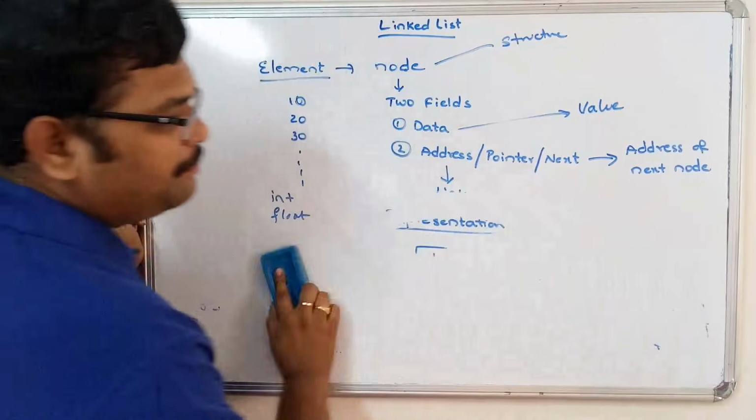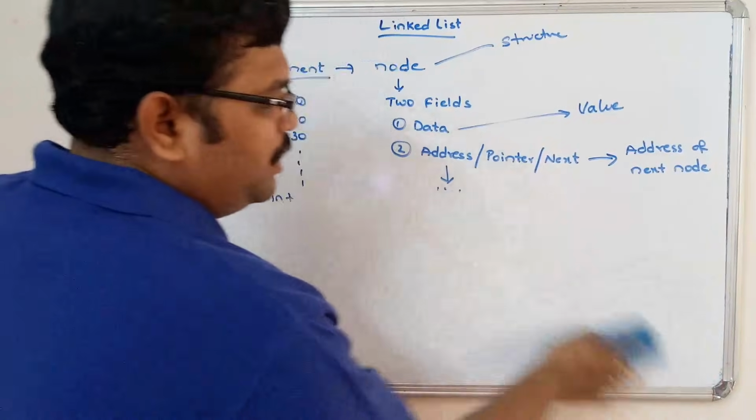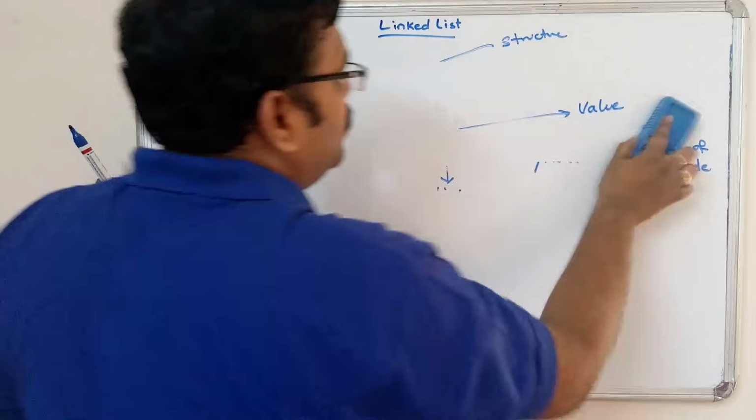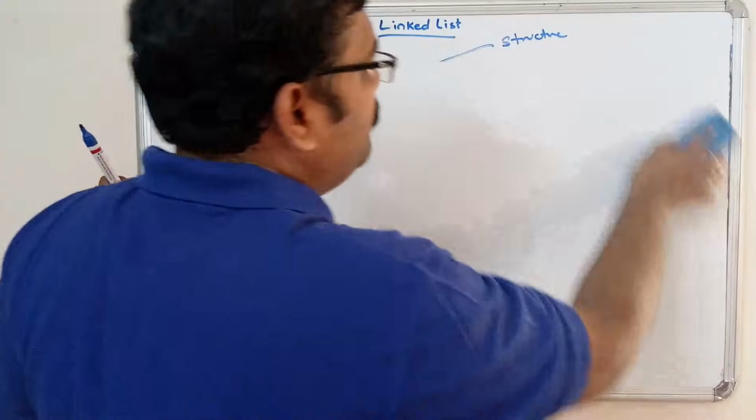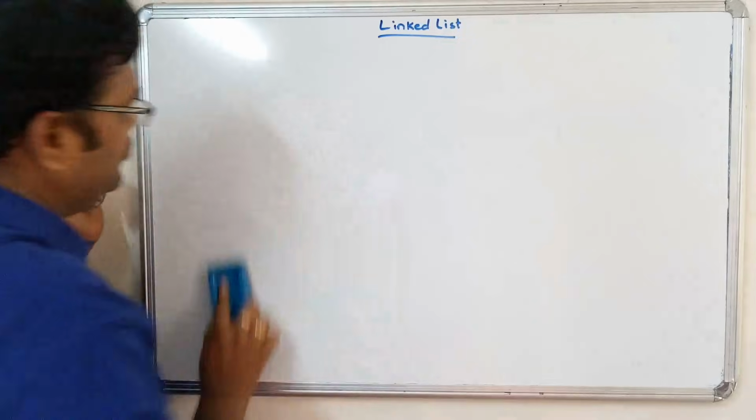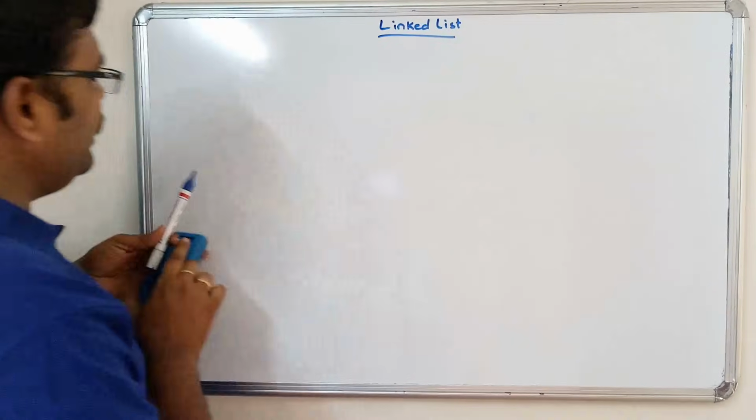Hope you understood the basic representation of how the node is represented and what fields are available in this node. Now let us see declaring a node.